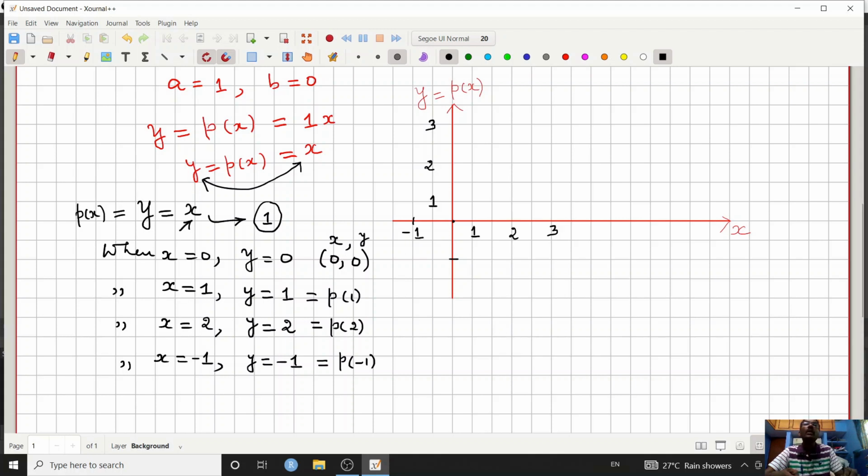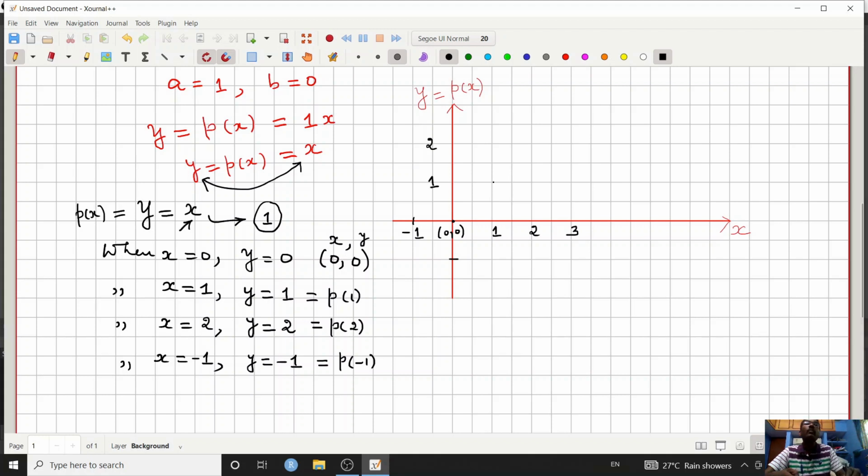So this point is 0, 0. Let us plot here one by one. So this is 0, 0, and here it is going to be 1, 2, 3, and here also we can plot 1, 2.